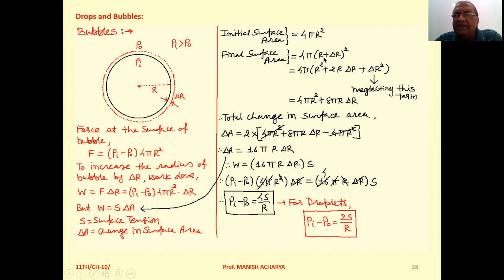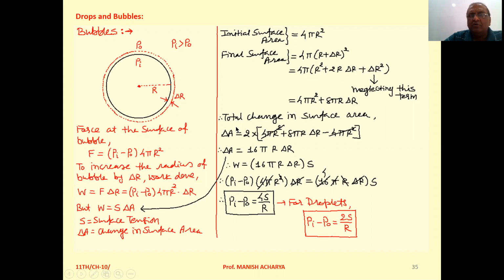So 4 pi r plus delta r whole square, that is r square plus 2r delta r plus delta r square. This delta r square is very small compared to these terms, so we can neglect it. So finally we get the final surface area: 4 pi r square plus 8 pi r delta r. The 4 pi has been multiplied here.